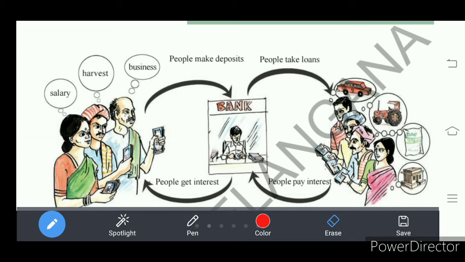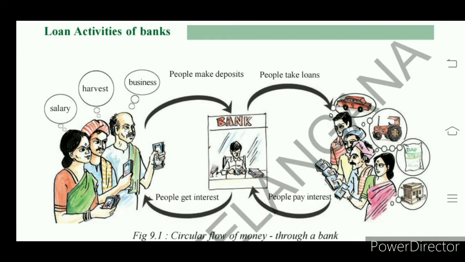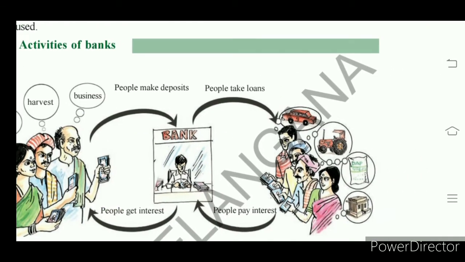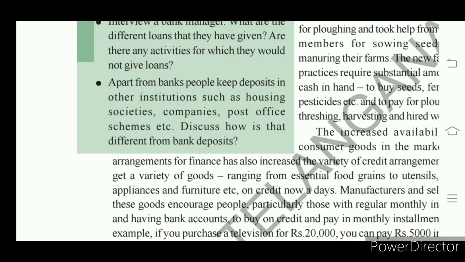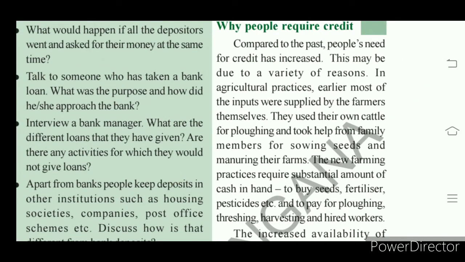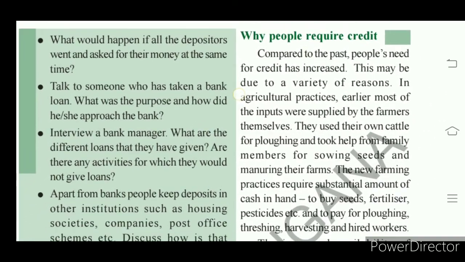Understand? So let us move to another one: why do people require credit? Why do people take loans from the banks? Is it needed for people to take loans from the bank, right? Let us see that compared to the past, people's need for credit has increased.